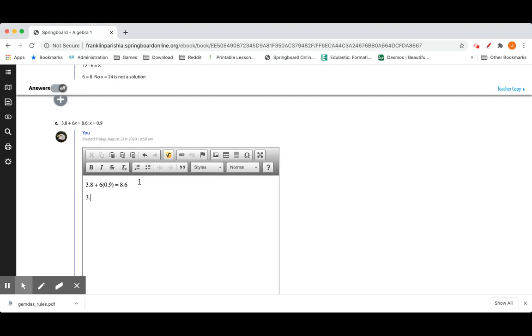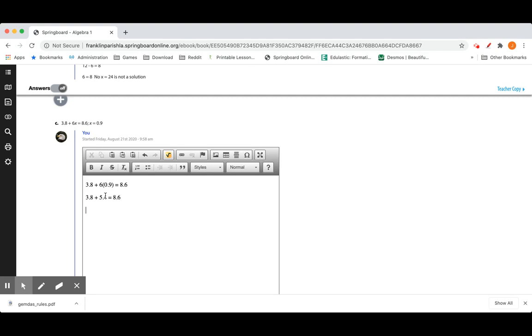Well, let's see. 3.8 plus, we're going to do our multiplying first. 6 times 0.9 is going to be 6 times 9 is 54, with one decimal place in it, 5.4. We'll see if that equals 8.6.